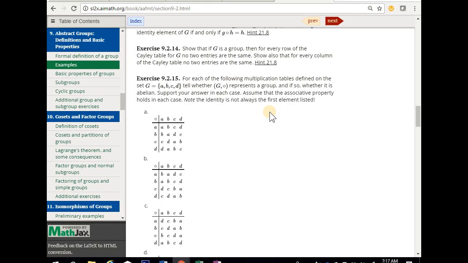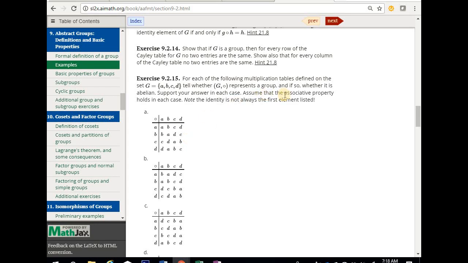Okay, for exercise 9.2.15a, you just want to see whether these group Cayley tables correspond to groups. And don't waste your time writing down a lot of stuff if it's not a group. If it's not a group, then just go ahead and say it's not a group and tell why, and then move on. For example, for part A here, first of all, you can check if it has identity.